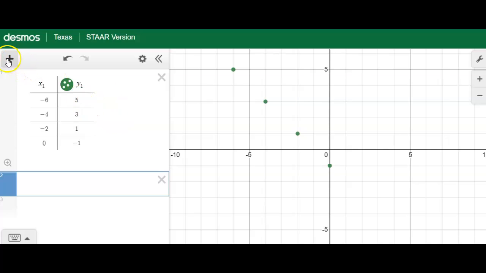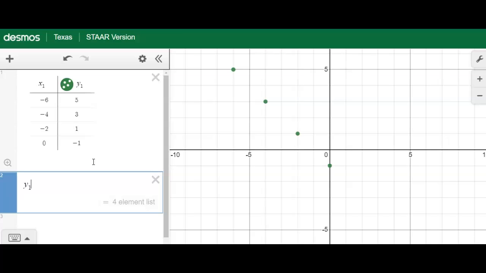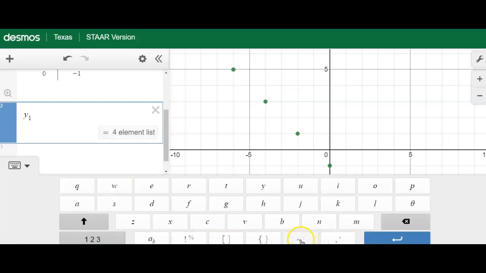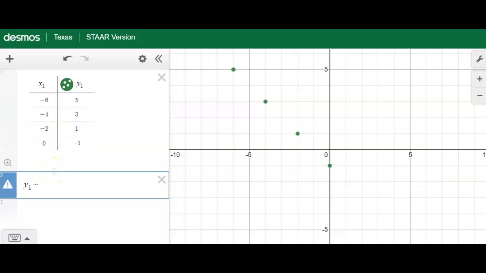To get the table, you type the plus sign, and then you type in the table. To get the equation, what y do we have right here? y1. To get that approximately equal sign, we go to the keyboard, ABC, this little squiggly line, type on that to get rid of my keyboard, mx1 plus b.